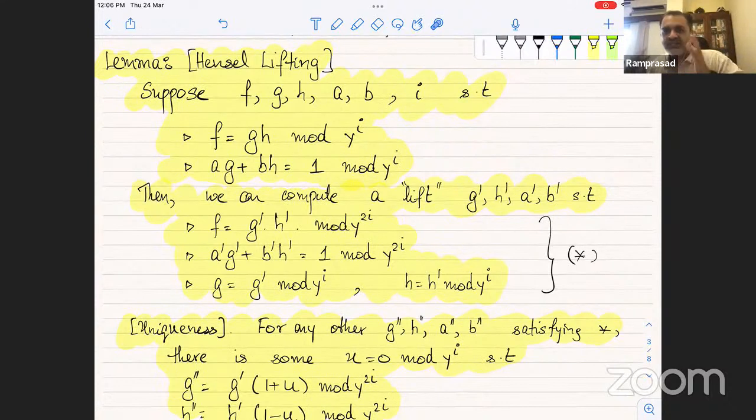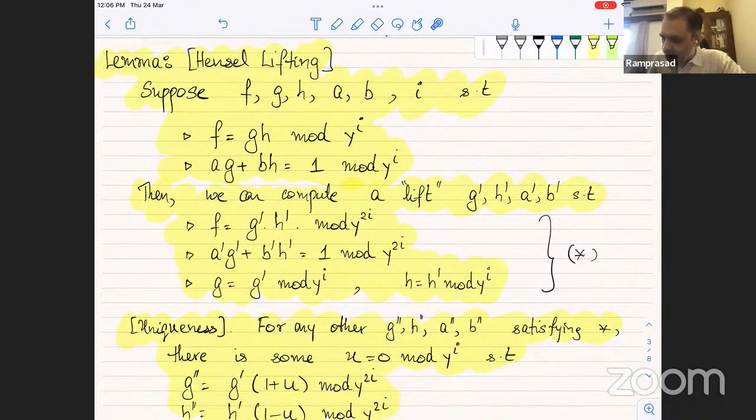What was the data satisfying? The data satisfied two properties. Property 1 was f equals gh mod y power i. Property 2 was ag plus bh equals 1 mod y power i. Hensel lifting is a way of saying that then we can actually compute a lift of this data to get some new thing, g prime, h prime, a prime, and b prime, that satisfies everything that you started off with.